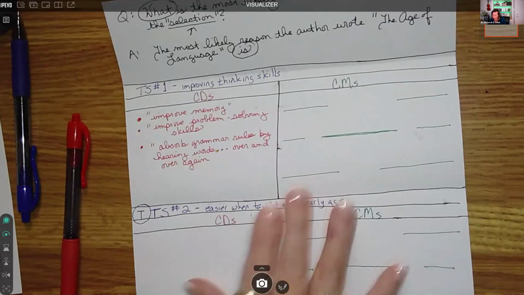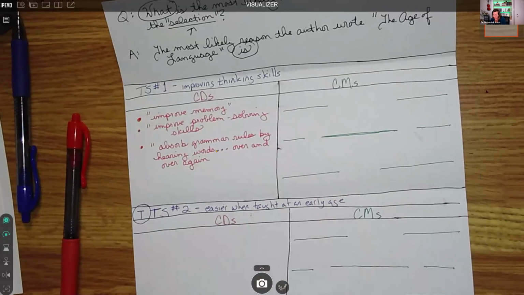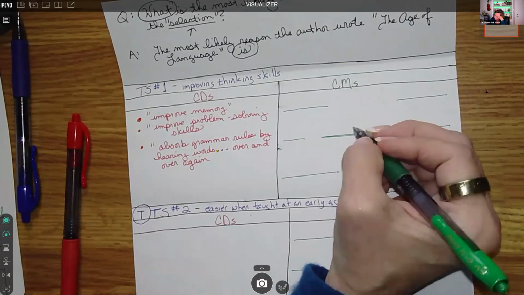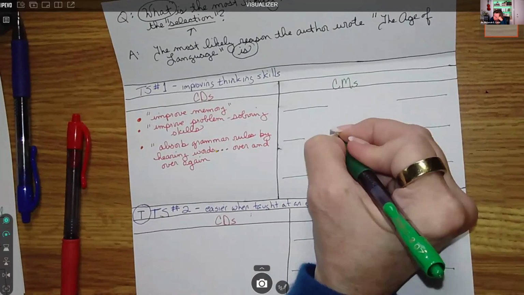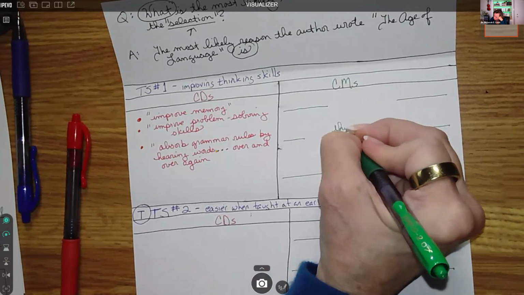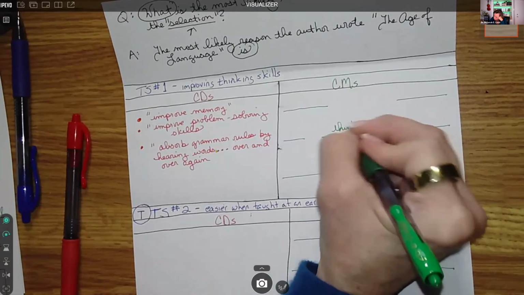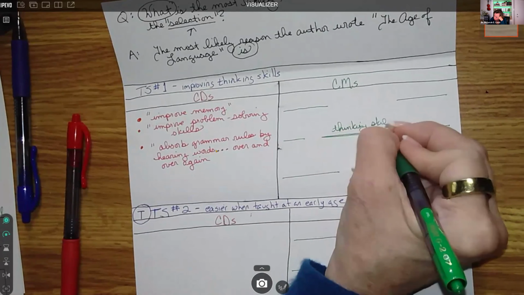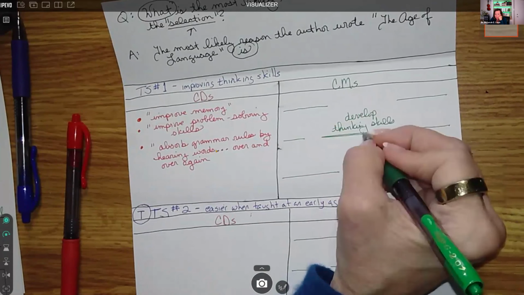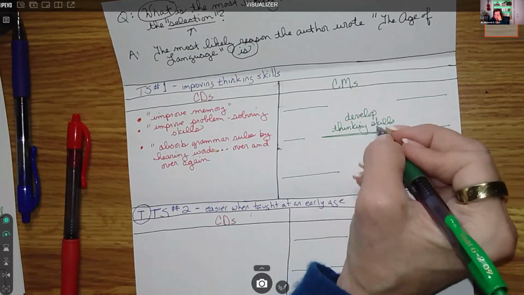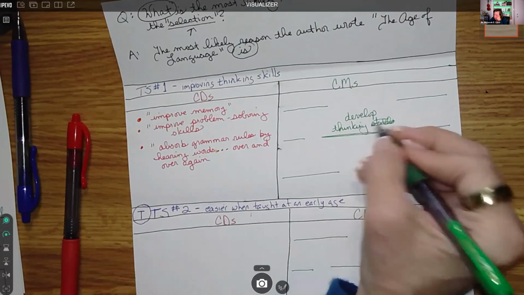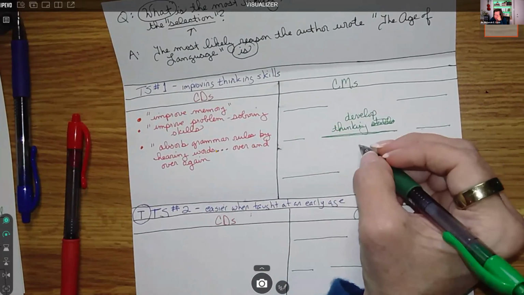So I come over here and I think about thinking skills, right? Improve thinking skills. Develop thinking skills. And over here, I'm going to have my words or phrases, right? Develop thinking. And I don't have to use skills again, but would develop or practice thinking, right?